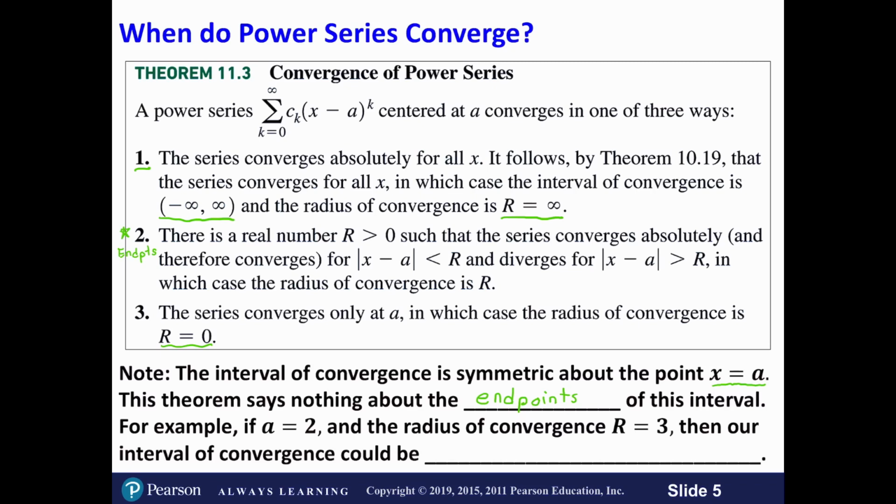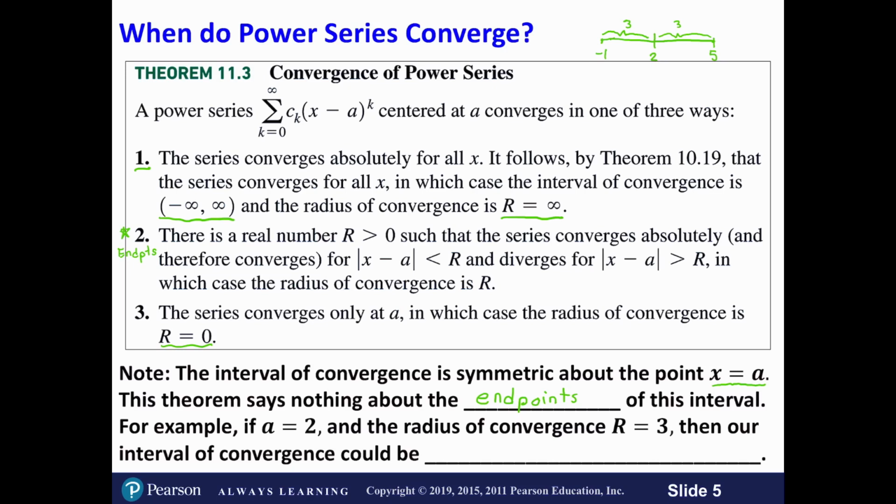So for example, if a was equal to 2, if that were the center of your series, and the radius of convergence was 3, that means this distance here is 3, and this distance here is 3, then our interval of convergence could be one of 4 things.